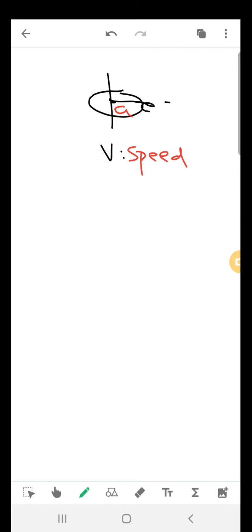T is the time period of revolution, so T is equal to the circumference divided by the velocity. Now, as the electron is revolving around, it constitutes a current. So that current I is equal to e by T.